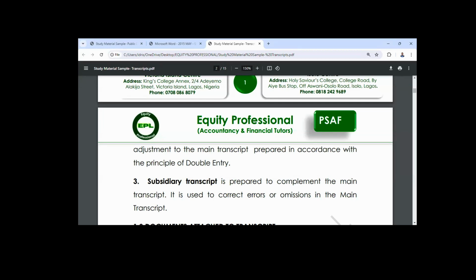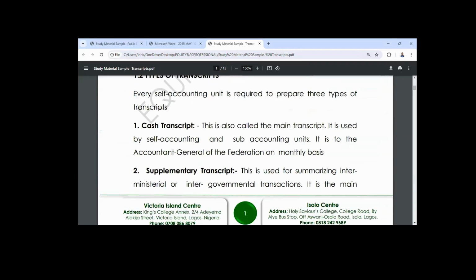Cash transcript is also called main transcript. It is the transcript maintained by self-accounting unit and sub-self-accounting unit.